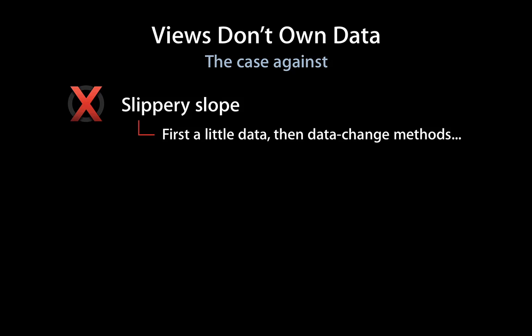If you put views in charge of owning a piece of data, then you might be tempted to put a little bit of data change methods into that view, and now your view is also acting like a controller for that view. Maybe it's doing a little data validation, and it's a slippery slope. You'll wind up like a drunk on the street, and you'll say, oh, poor guy, what happened to him? Well, he put data in his view, and it was all downhill from there, right?